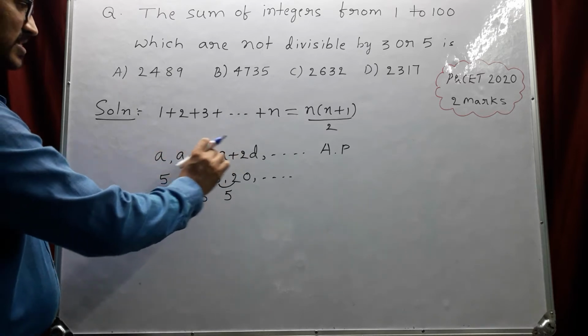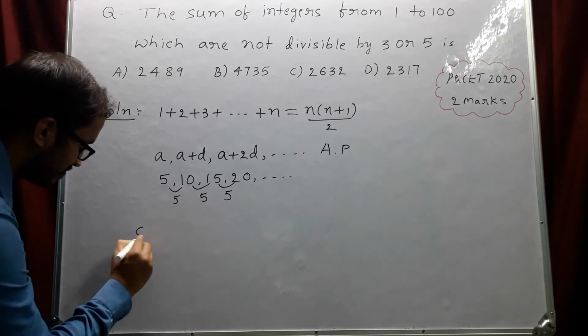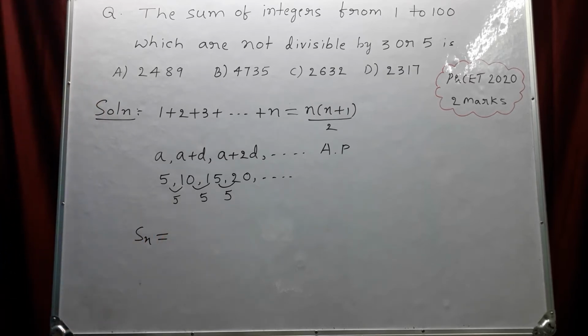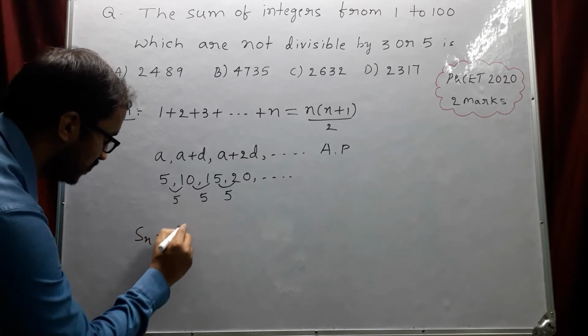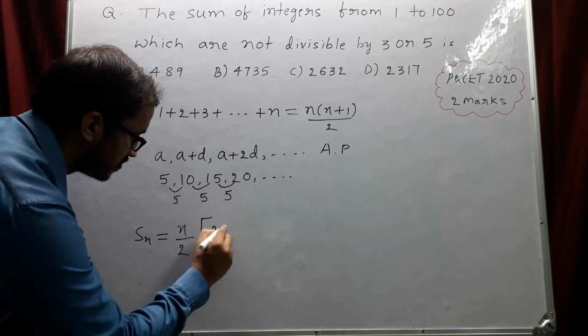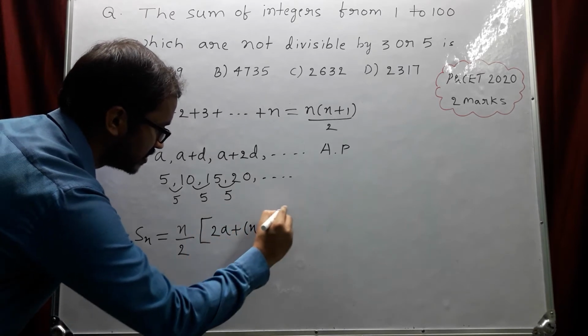So then what is the sum of the first n terms of an arithmetic progression? We can denote it by Sn. Sn means the sum of the first n terms of the arithmetic progression. That is equal to n by 2 into 2a plus n minus 1 into d.